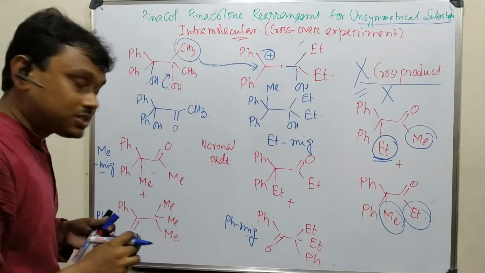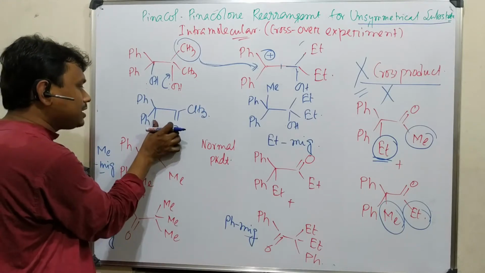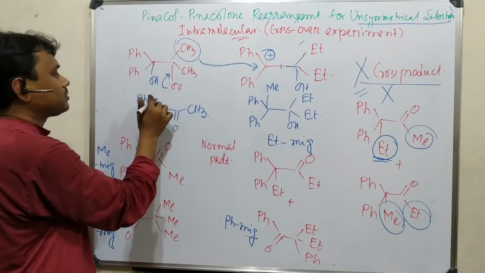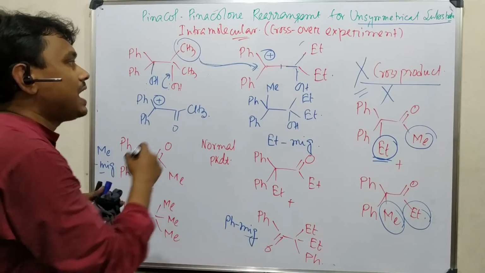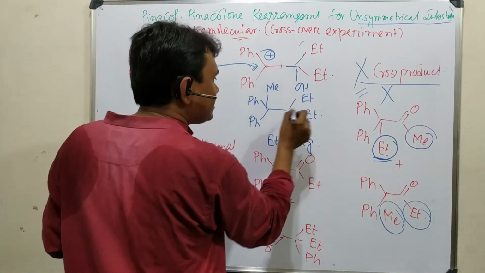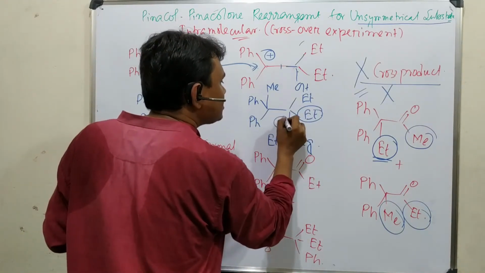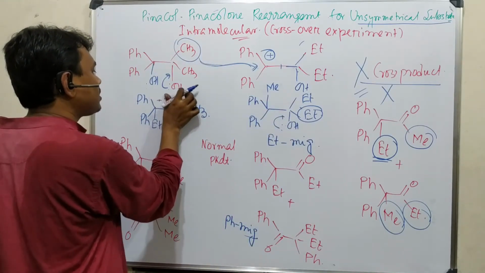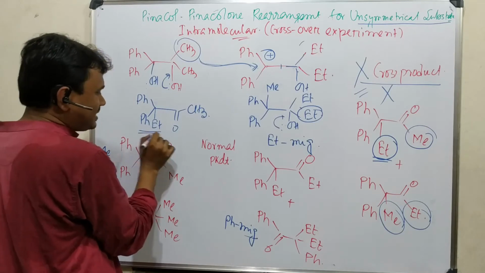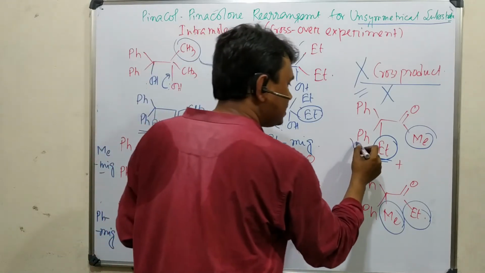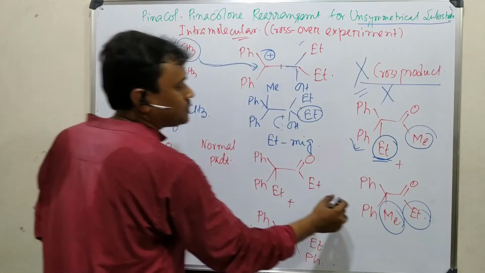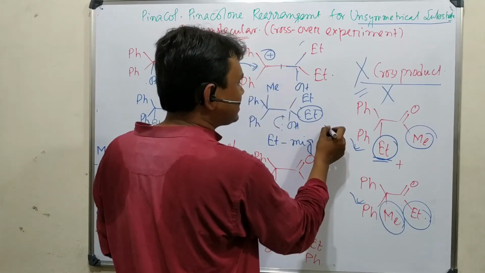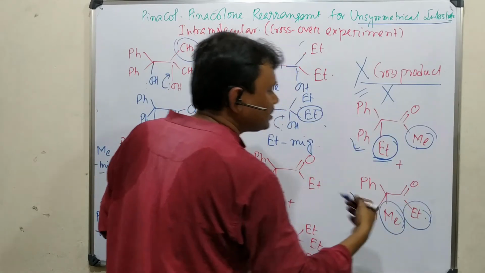Fine. So next stage, what will happen? These will eliminate. A carbocation is produced here, and at that time you can see this can push and this ethyl can come here. So what will be the product? One side is Ph ethyl, and one side is Ph methyl, and the other side is the corresponding methyl or ethyl opposite one.